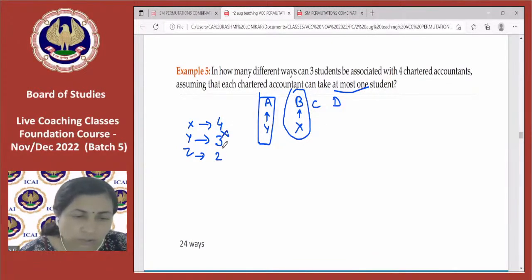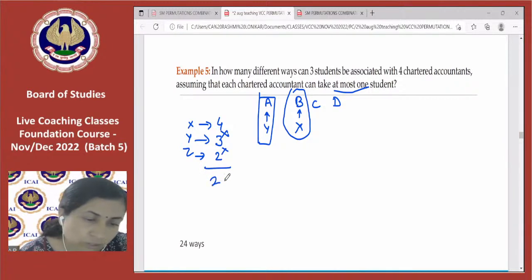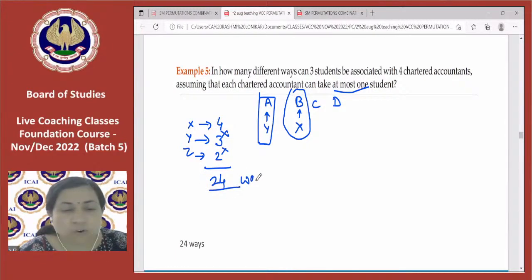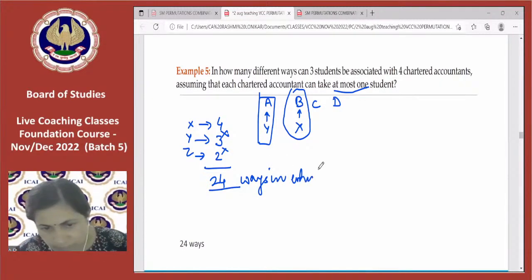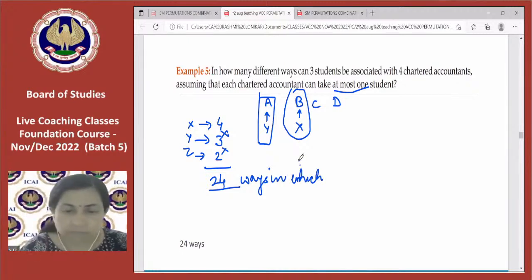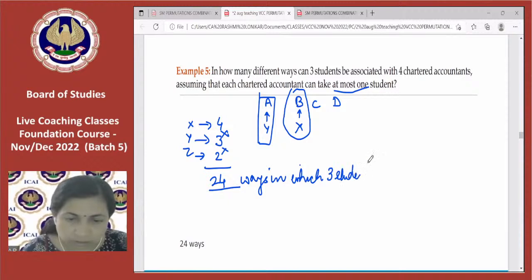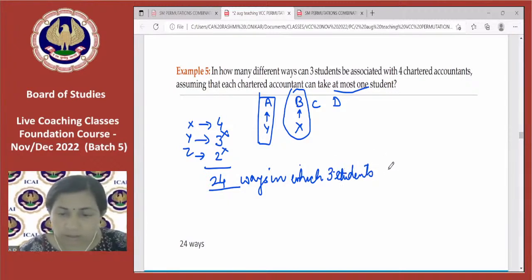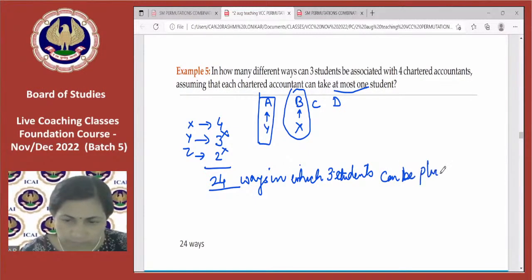So 4 into 3 into 2, which is equal to, 4 3s are 12, 12 2s are 24. So 24 ways in which three students can be placed with 4 CAs.